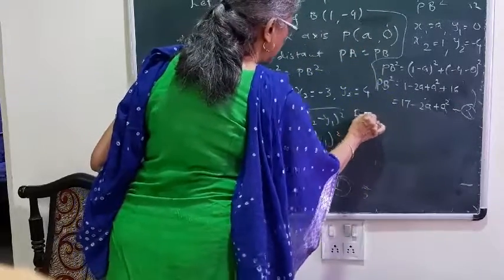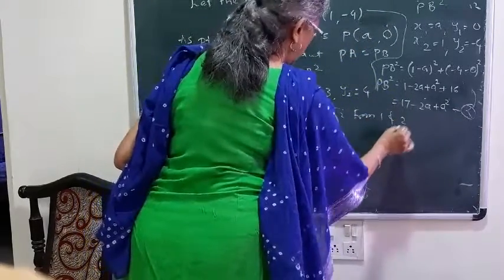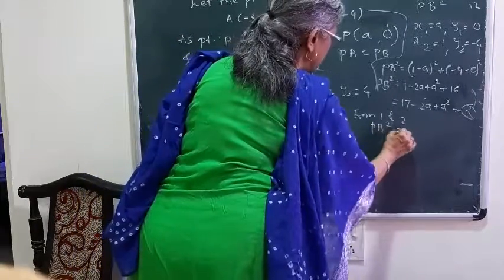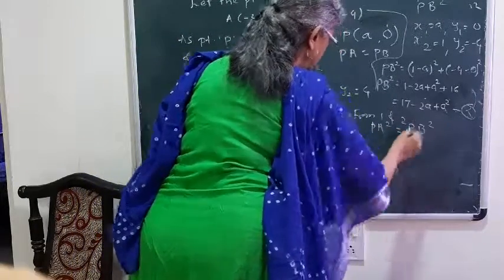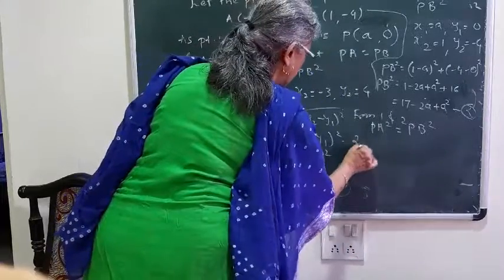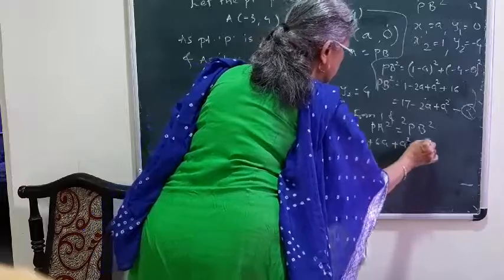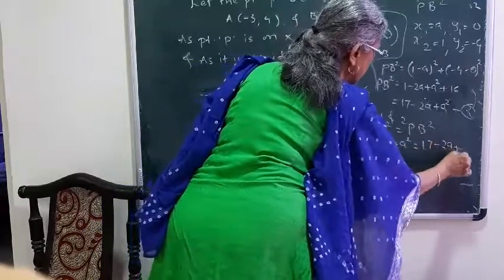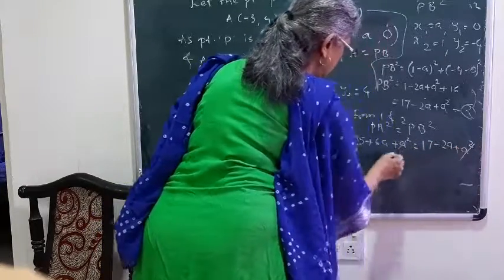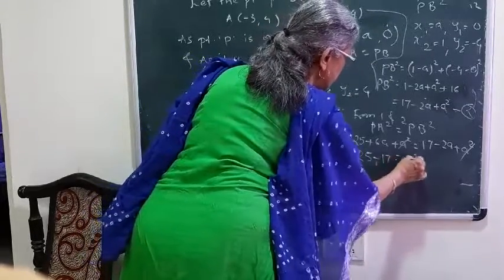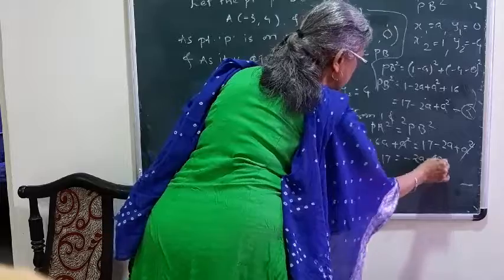So from 1 and 2, what do we have? As PA square equal to PB square, it is equidistant, given. So 25 plus 6a plus a square is equal to 17 minus 2a plus a square. Cancel a square on both sides. 25 minus 17 is equal to minus 2a minus 6a.